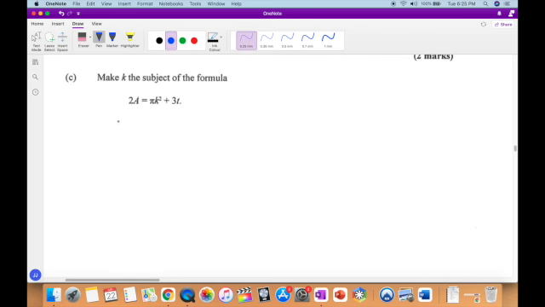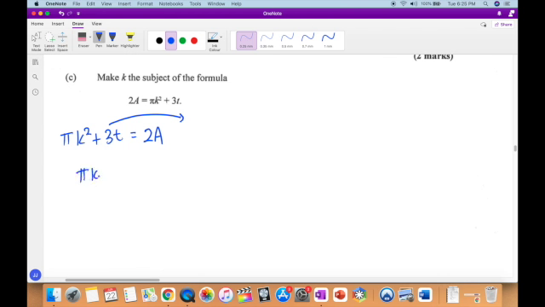So what we have here is we have to make k the subject of the formula. So what I will do is I will flip the entire thing. Pi k squared plus 3t is equal to 2a, right? So I could take the 3t and throw it across first.